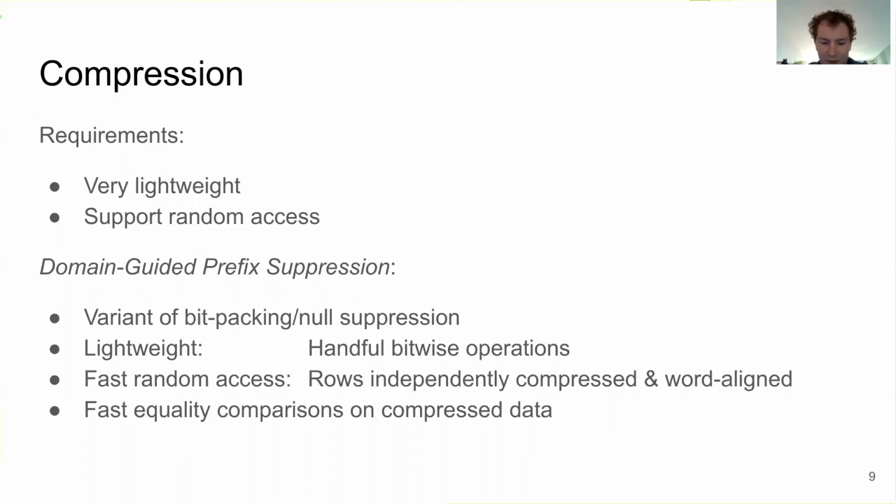For one column, the compression stays the same, but you can decompress rows independently from each other, and each row is word aligned. So you don't need to do any initial bit shifting back and forth. And as an added bonus, you also get fast equality comparisons directly on compressed data, because you can basically transform them into the same compressed bit string.